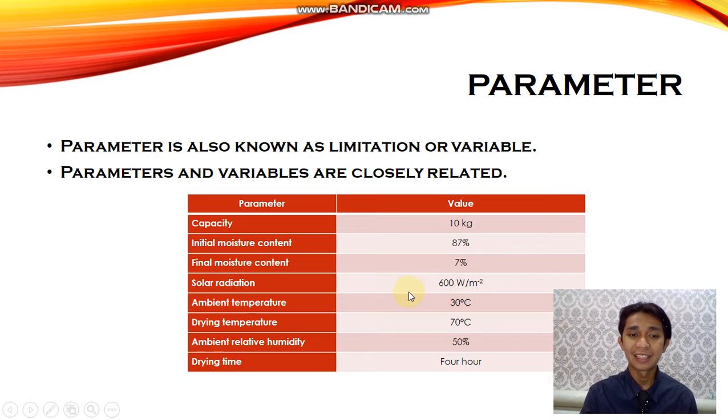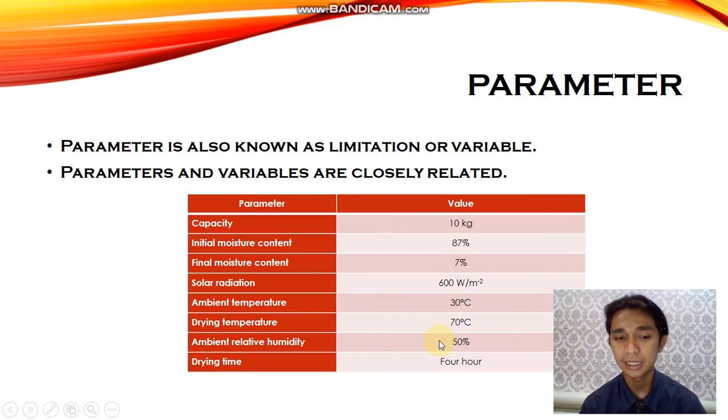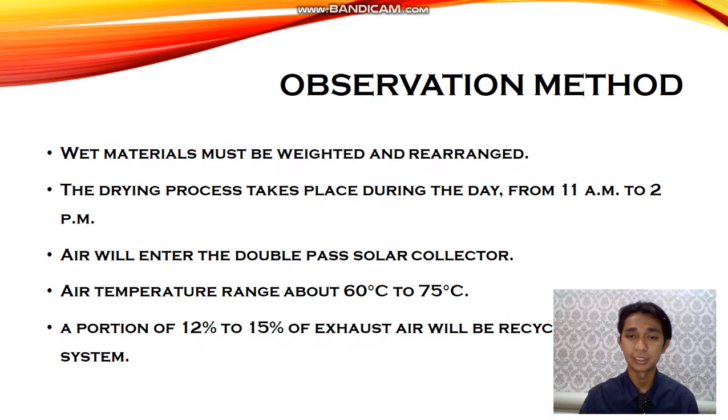Then the solar radiation supplies the energy from the sun. The average ambient temperature is 30 degrees Celsius, but the drying temperature inside the drying chamber is about 70 degrees Celsius. And the relative humidity is 15%, and the drying time is 4 hours.